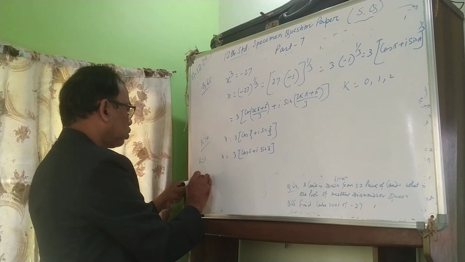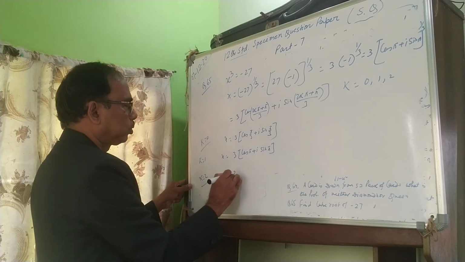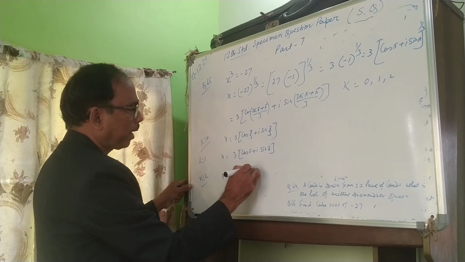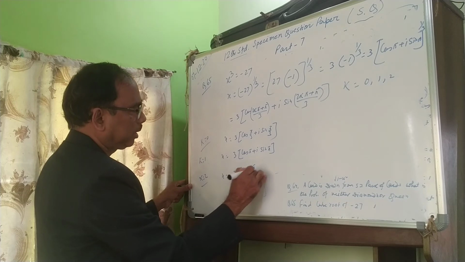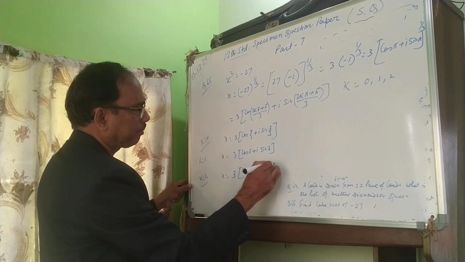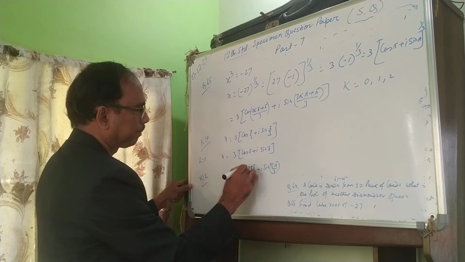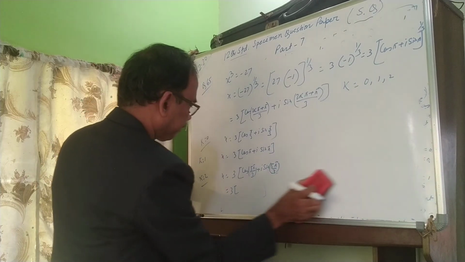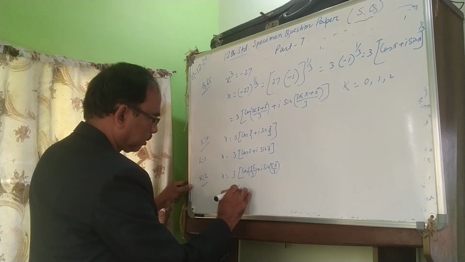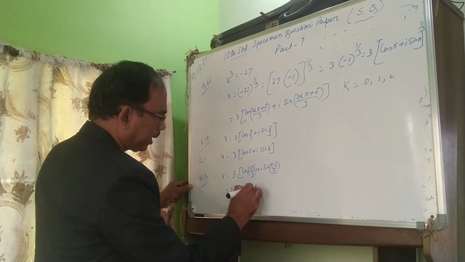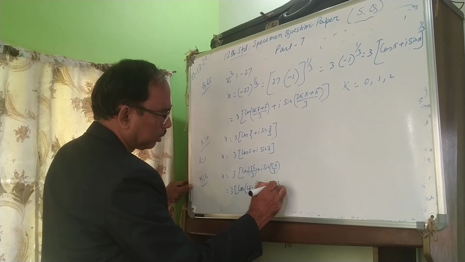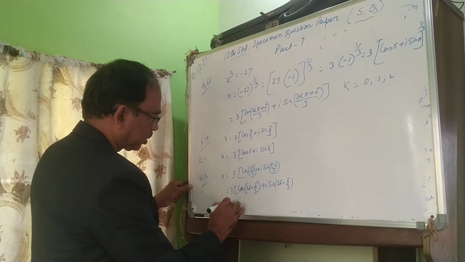When k equals 2, then x equals 3, the value 4 plus 1, 5, cos 5 pi by 3 plus i sin 5 pi by 3. Cos 5 pi by 3 means 2 pi minus pi by 3, plus i sin of 2 pi minus pi by 3.